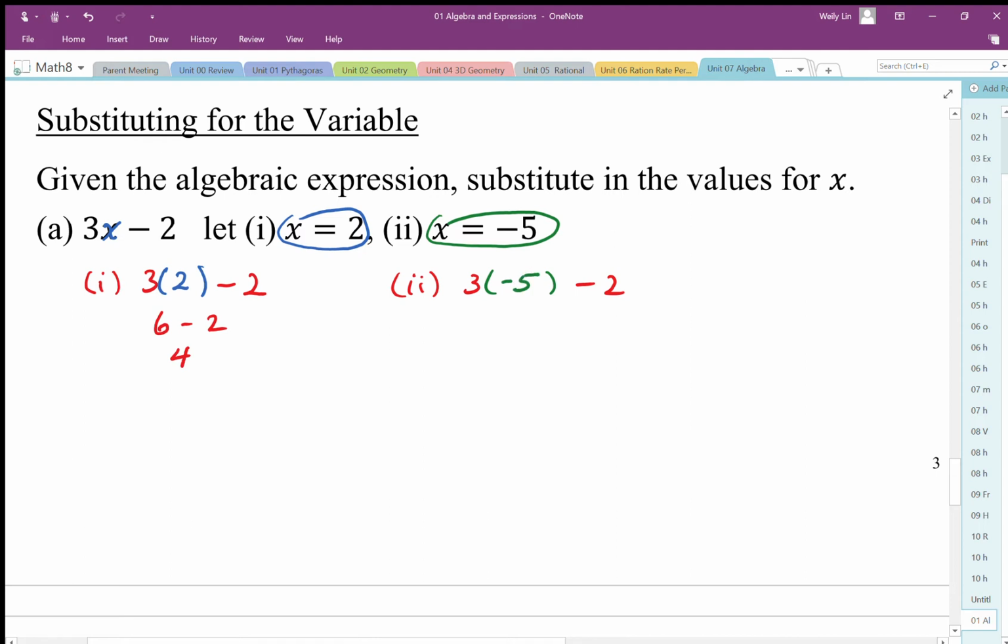Once I do that, I can do the calculation. 3 times negative 5 is negative 15. Minus 2. Again, I bring everything down vertically. Negative 15 minus 2. Be careful of the negatives. Negative 15, we're going to go minus 2, which means to the left. So we're going to make it more negative. So we end up with negative 17. Okay, so we have to make sure that we account for those signs when we minus. Negative, minus, so we're going to become more negative.